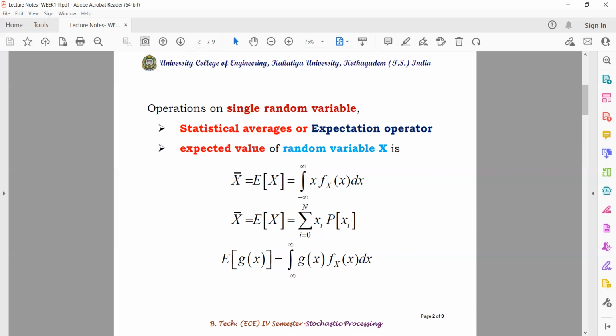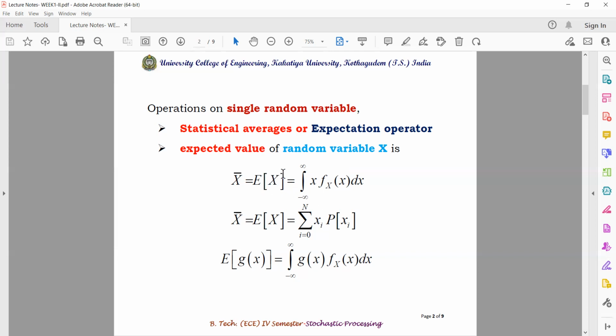So see here, the expectation operator, generally called the ensemble average. X is a random variable. Remember that a random variable is always a function of the sample space. So x bar, generally called the mean of the random variable x, is represented as expectation of x. The formula is always filled with f_X(x), the probability density function.